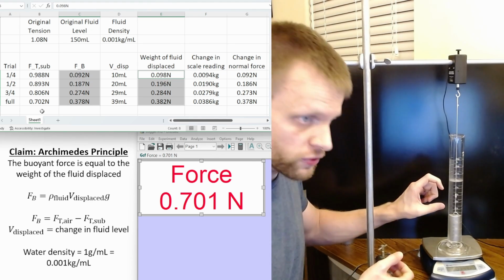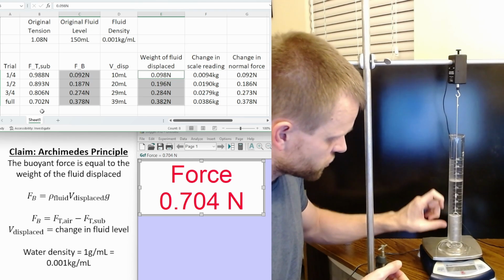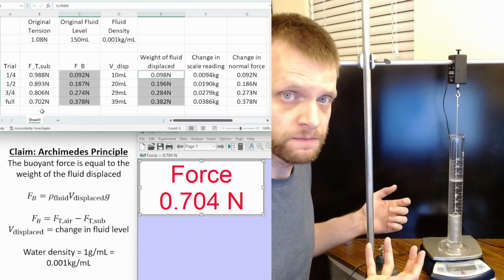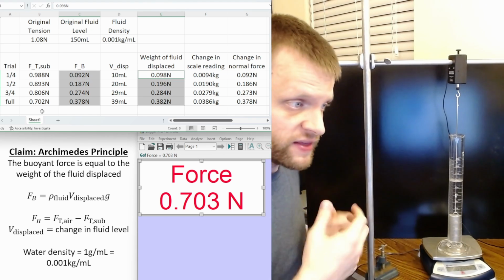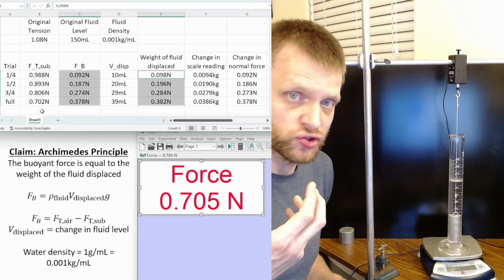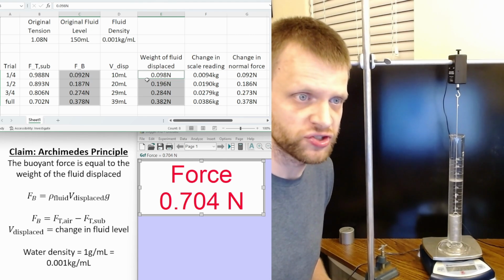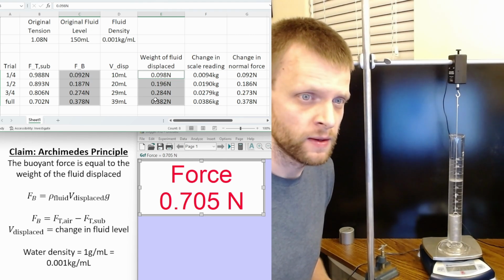Once the object is fully submerged, how deep it is in the fluid doesn't actually matter. So this is data, again, that seems to support Archimedes' principle. We seem to have this match between the buoyant force and the weight of the fluid displaced.